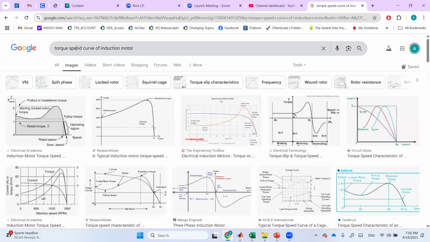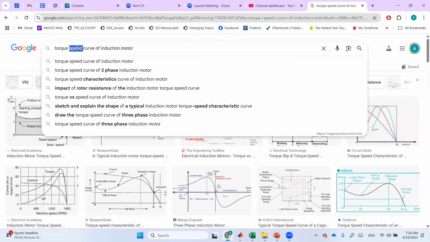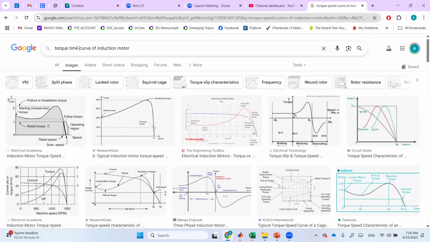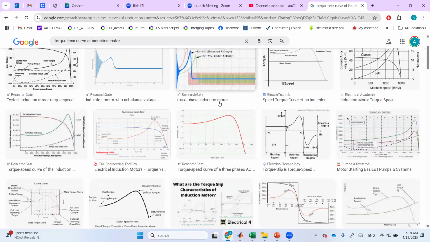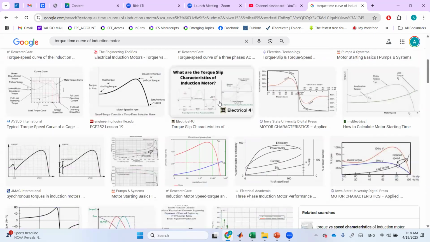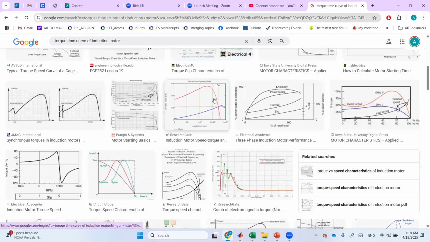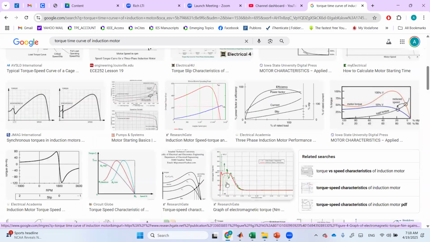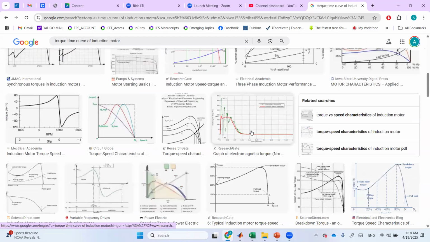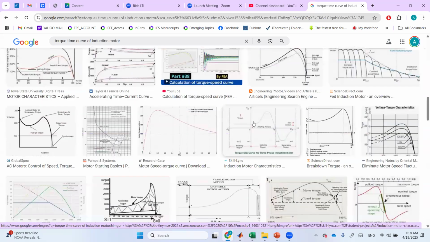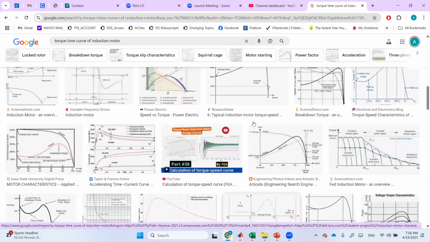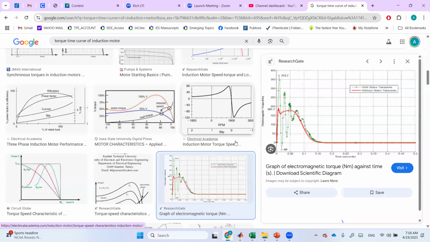Let's say instead of torque speed, torque time. Okay, it's not. Yes, we have something close to reality here.